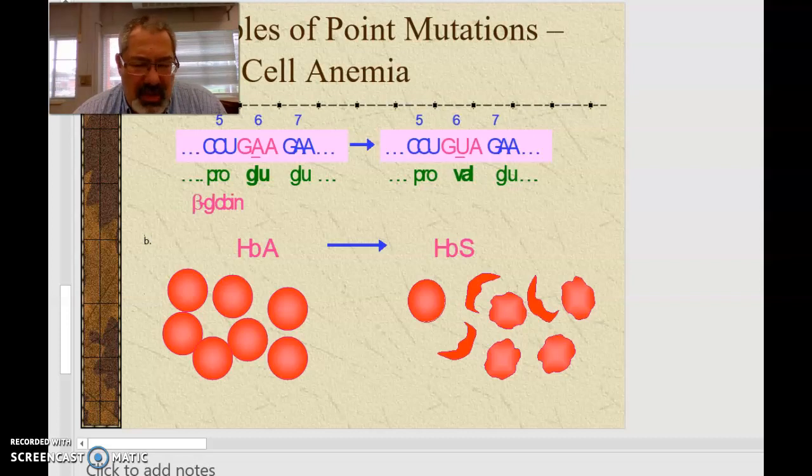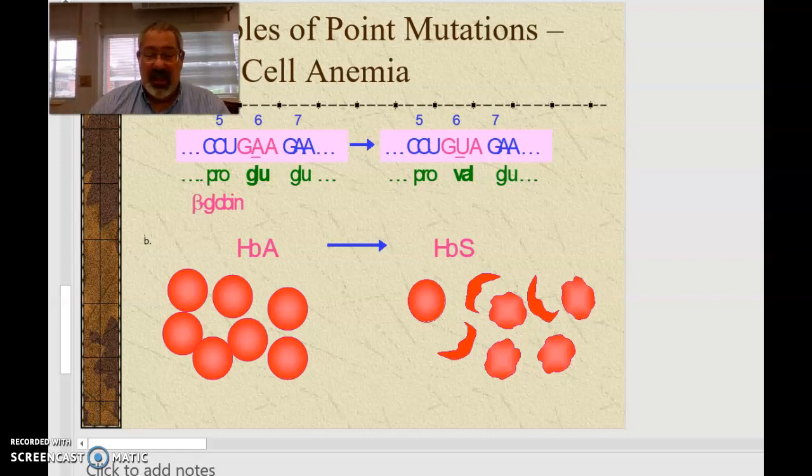It may result in a silent mutation where nothing changes. It may result in a missense mutation where the reading frame alters the amino acid sequence, or it may result in the protein process being stopped. Translation stops. That's called a nonsense mutation.